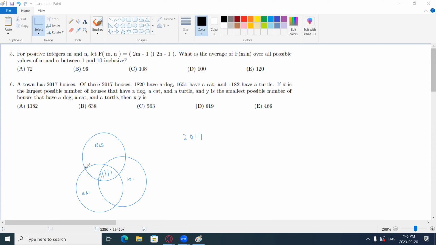We know that this is all of the houses here, and we know that C plus D plus T minus the intersections over here, and adding the middle part, would get to 2017.